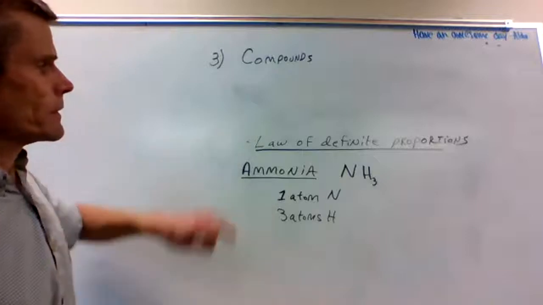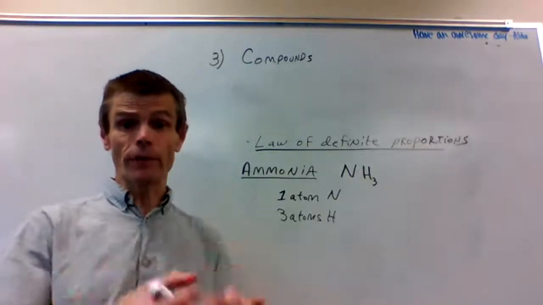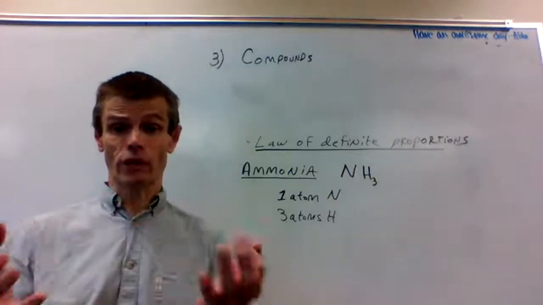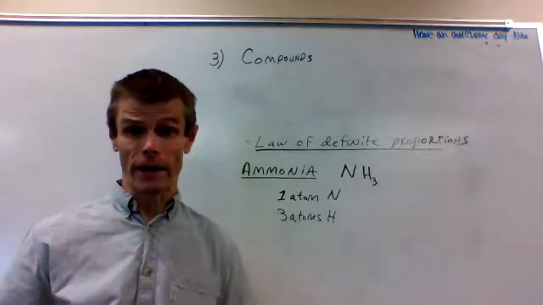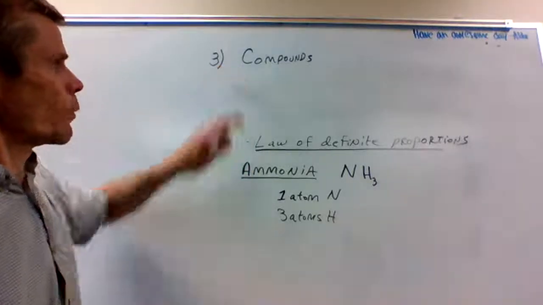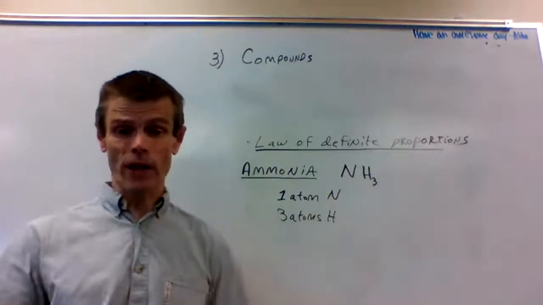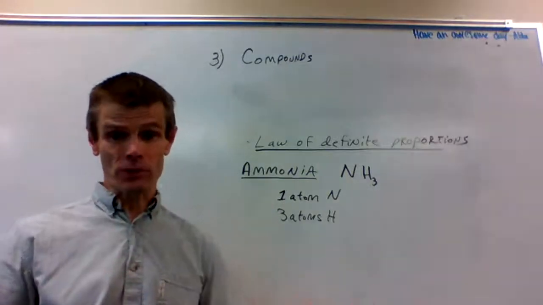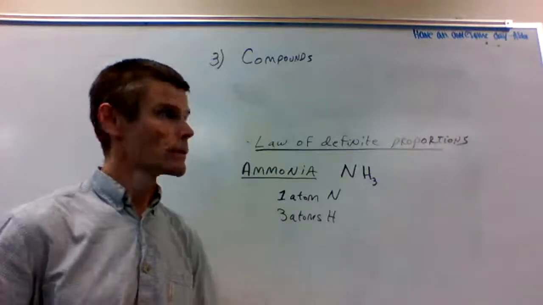And this is reflected in what we mean by the law of definite proportions. There's a definite proportional amount of nitrogen and hydrogen in every sample of ammonia that we can find. And that's one of the ways we can define a chemical compound. They have fixed ratios of atoms, regardless of where we collect that particular sample from.